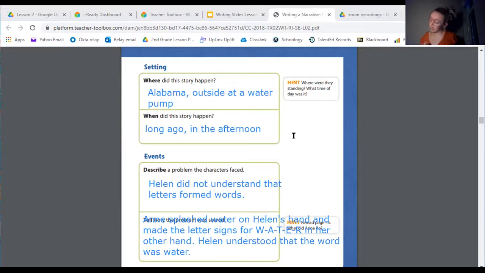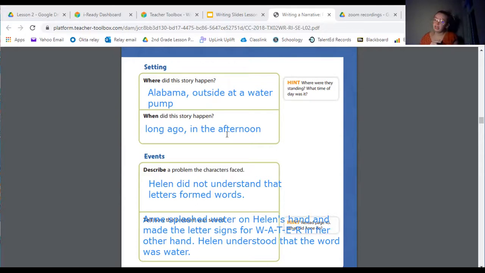We talked about our setting on page 49, Alabama, outside at the water pump, long time ago in the afternoon. And the problem they faced was that Helen didn't understand that letters formed words, but the problem was solved by Anne Sullivan sticking with Helen and teaching her that with water at the water pump.